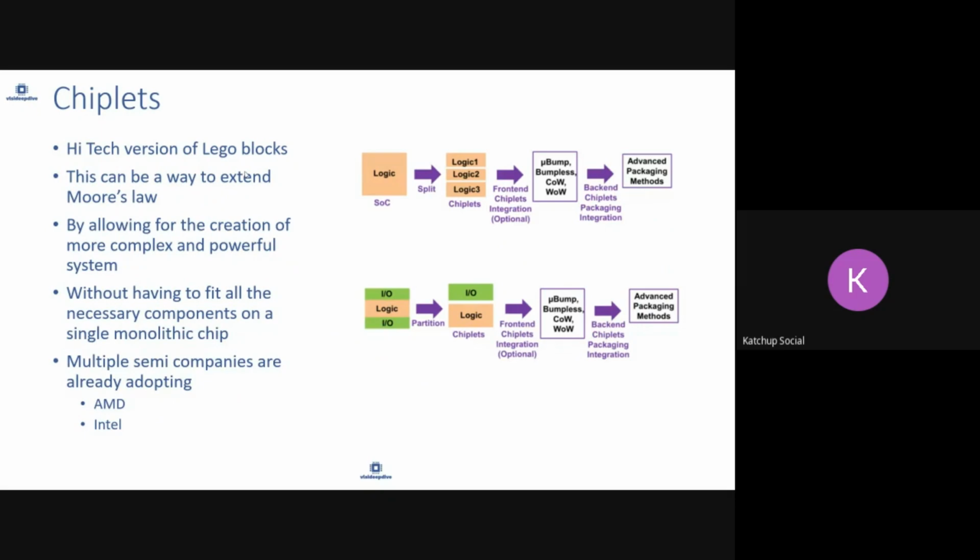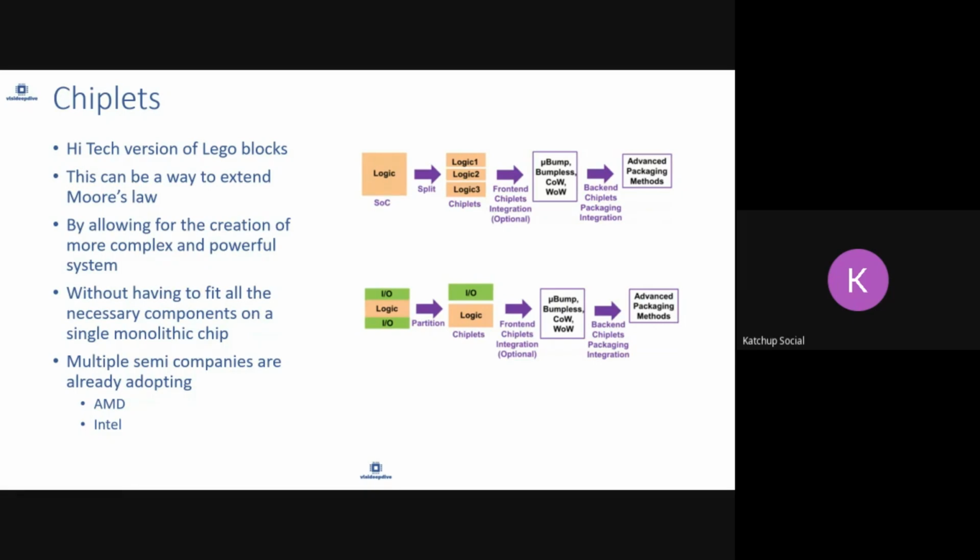And this is something that can be a way to extend Moore's law further, by allowing for the creation of more complex and powerful systems, without having the restriction of having to fit all of these necessary components on a single monolithic chip.